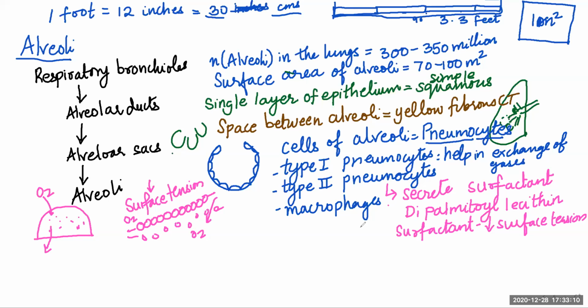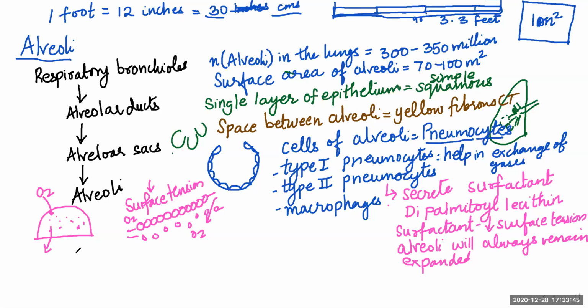So basically what does the surfactant do? Surfactant reduces surface tension, and because of surfactant, alveoli will always remain expanded. Now what does that mean?